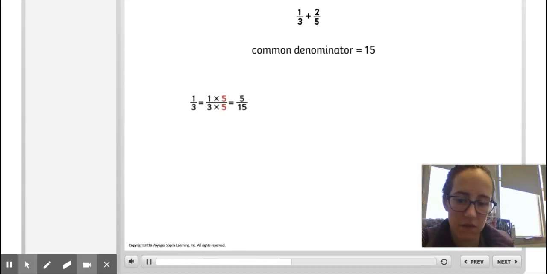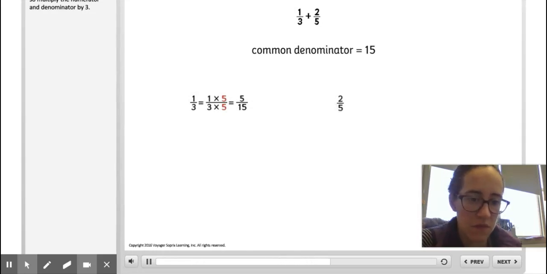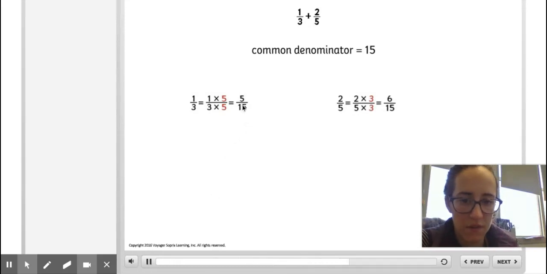The equivalent fraction is 5/15. Now write an equivalent fraction for 2/5. We want the denominator to be 15, so multiply the numerator and denominator by 3. The equivalent fraction is 6/15.